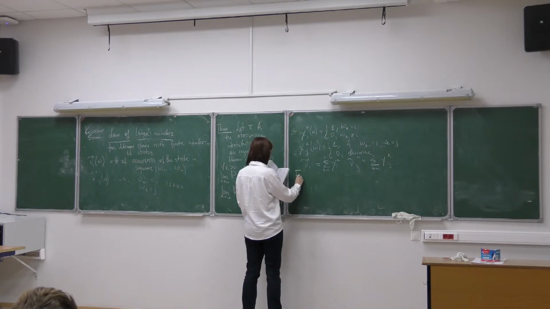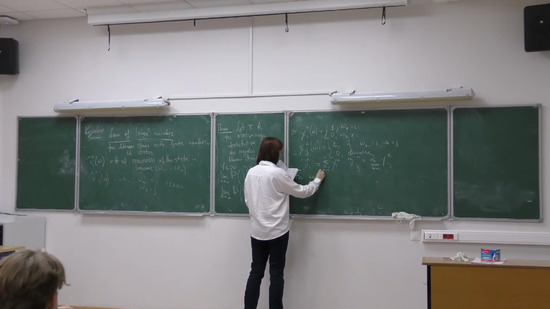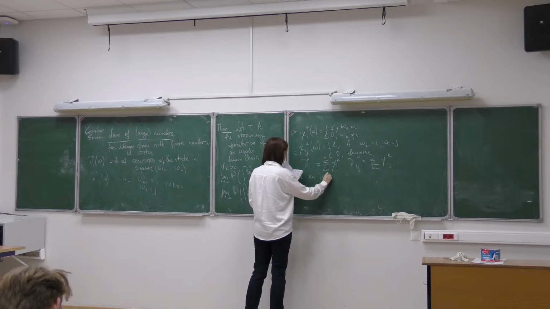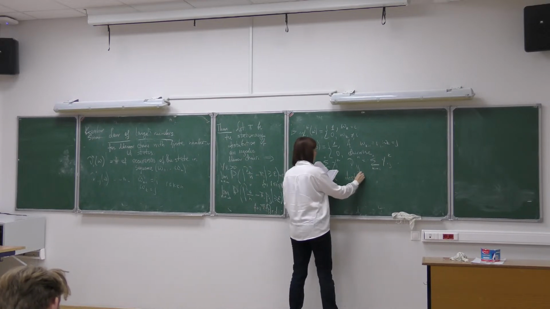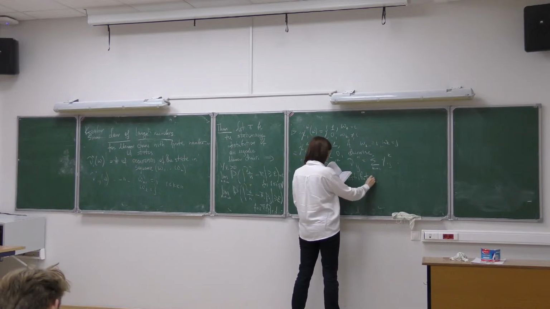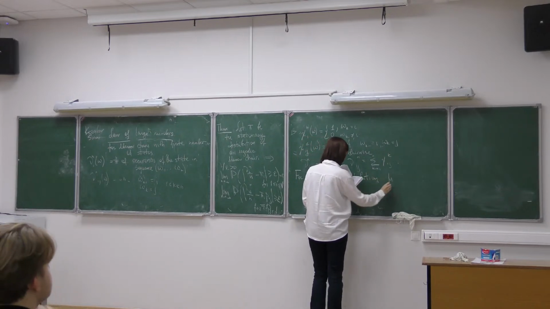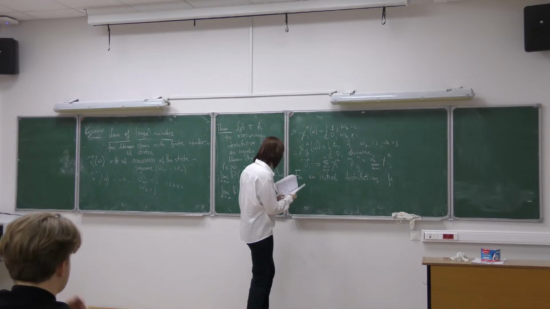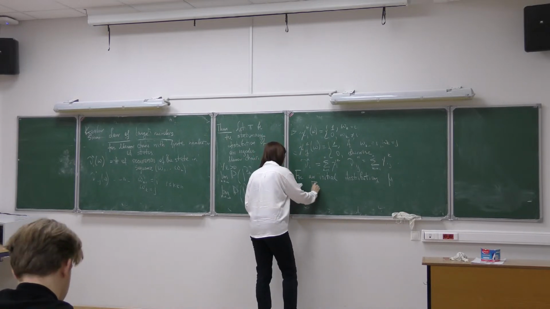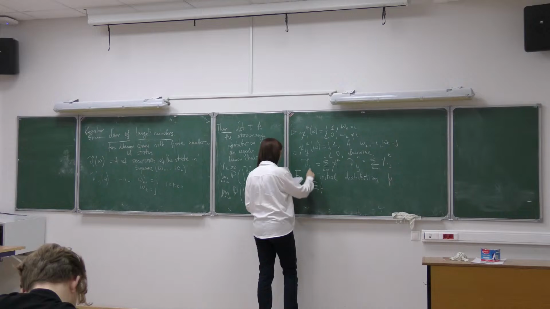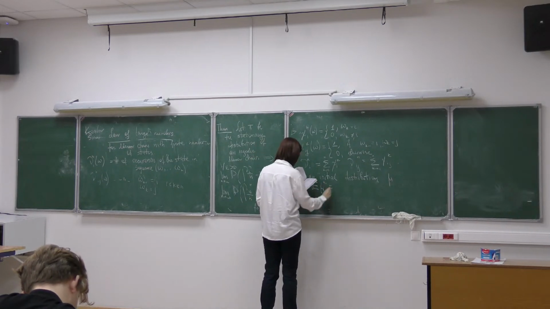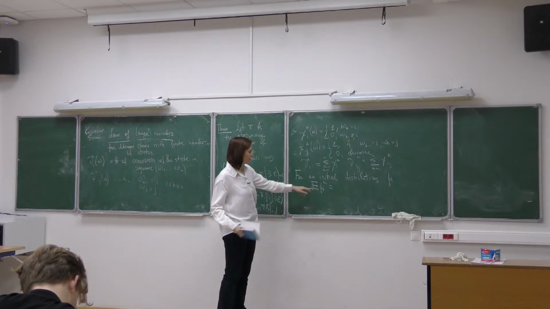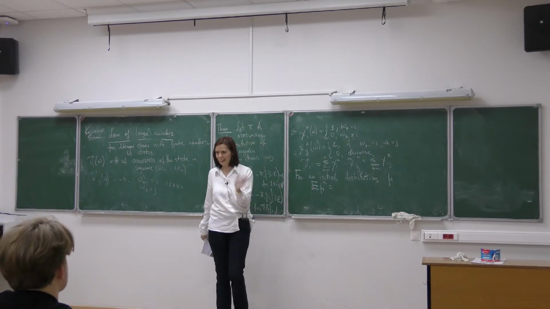So, for an initial distribution, I will denote it by nu. We can say that the mathematical expectation of the function, the characteristic function, is what? This function takes values as before, only 1 and 0.